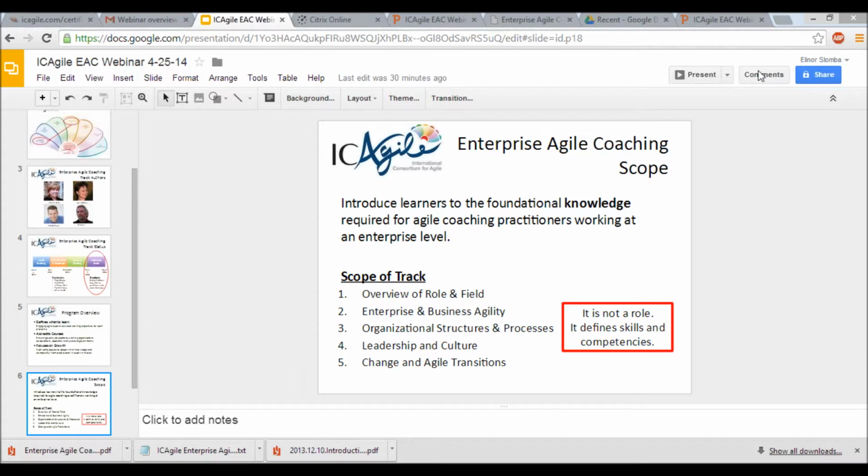Part of the purpose of this definition, as well as what we've done with the Certified Scrum Coaching program, was to bring some form of accreditation, some form of definition around it, so that we could actually have a conversation to say, hey, what is your awareness of these skills and competencies?